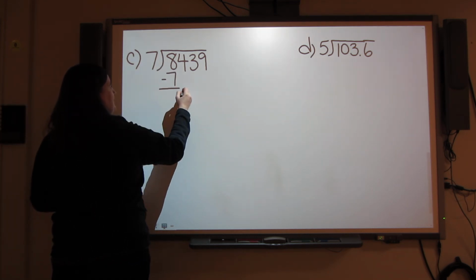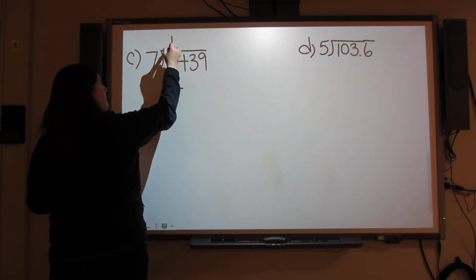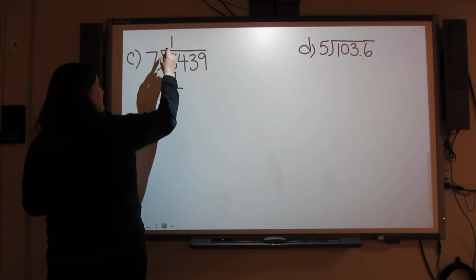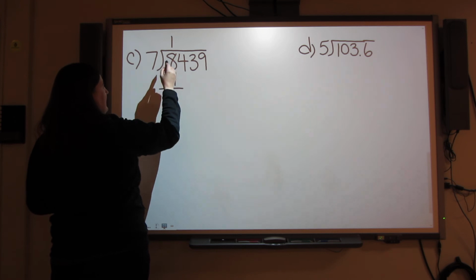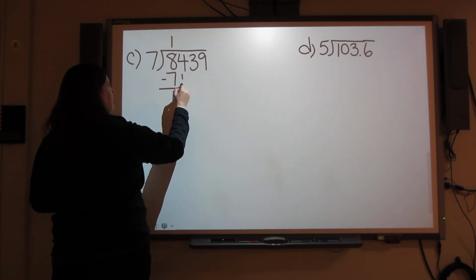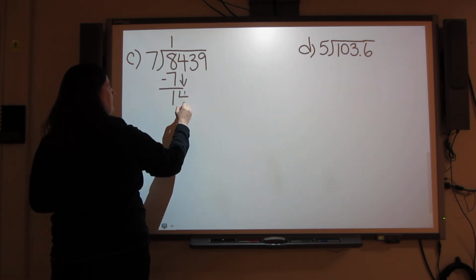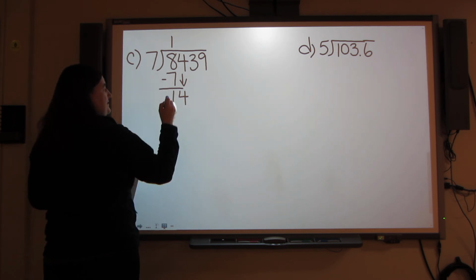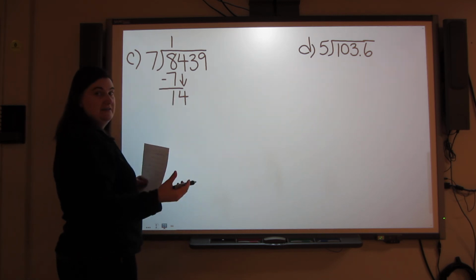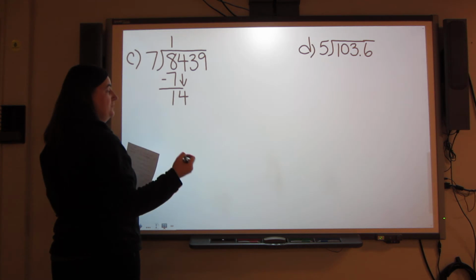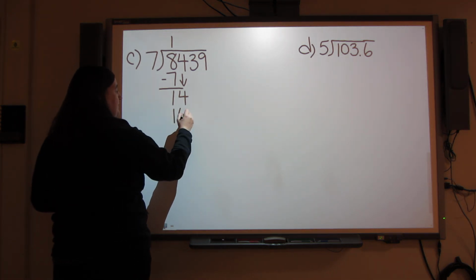7 goes into 8. 7 is the closest thing to 8 without going over. 7 times 1 is 7. 8 minus 7 is 1. Drop your 4. 7 goes into 14. Look down your 7s. The closest thing to 14 without going over is 14.